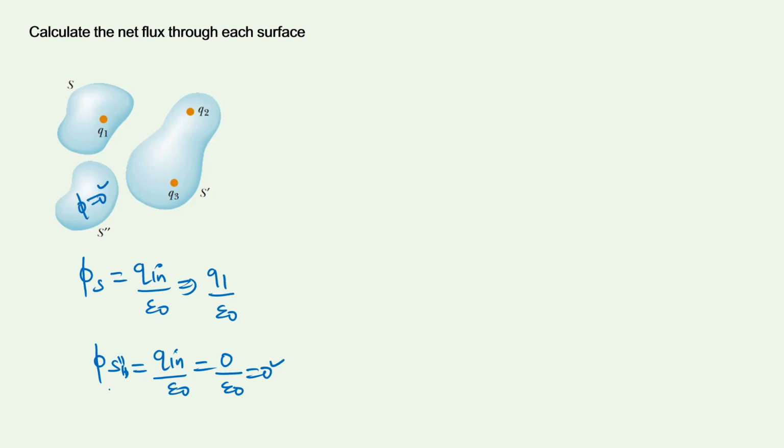For the third case, the total charge enclosed is q2 plus q3, so the flux is q2 plus q3 upon epsilon naught.